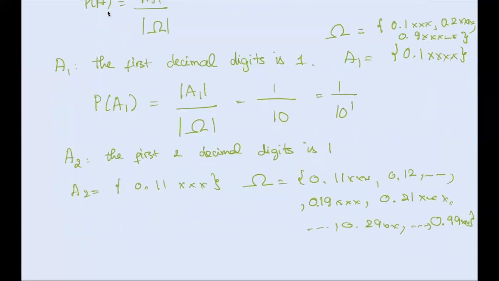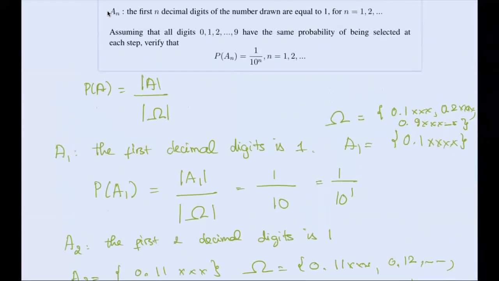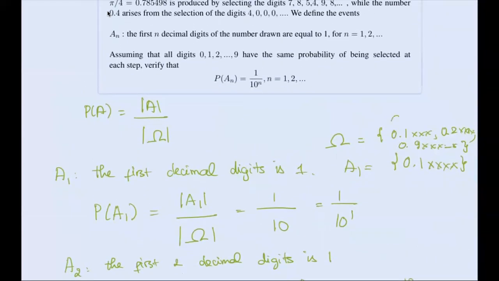So you will see that when you choose the 2 digits, how many ways are there to choose the first digit?